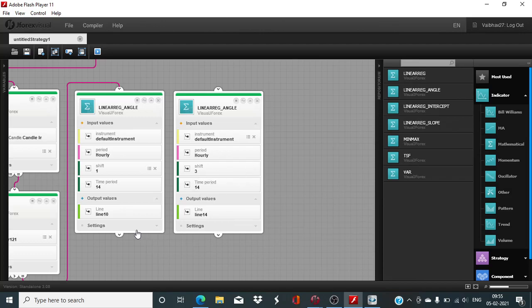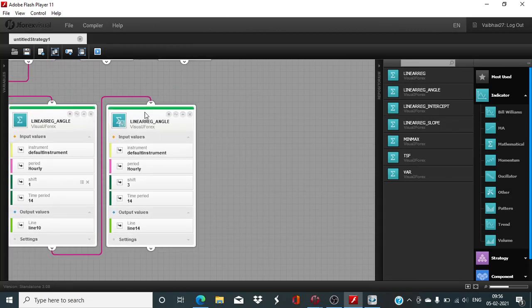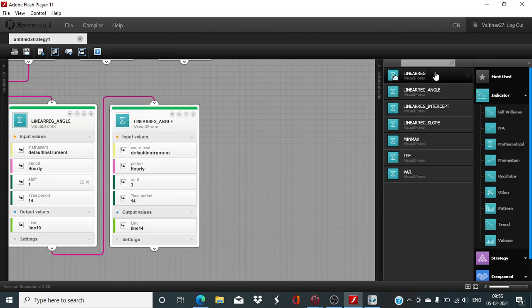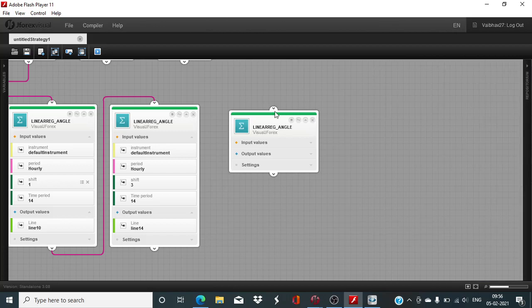And shift has been defined at 3, and one more will be with the shift value of 5.